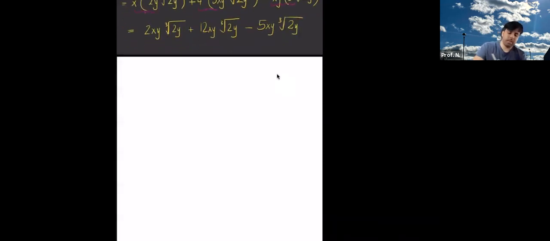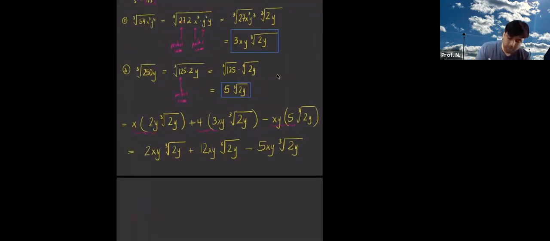Now look what I got. All these radicals are the same. The cube root of 2y, the cube root of 2y, and the cube root of 2y. Once I have that being the same, I can just leave that once and for all. And all I have to do now is combine all of the expressions in front of the same radical.